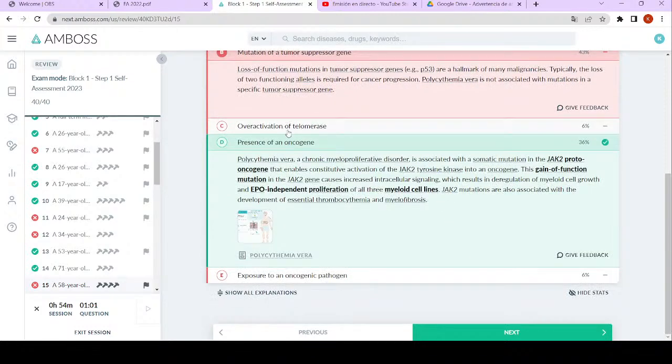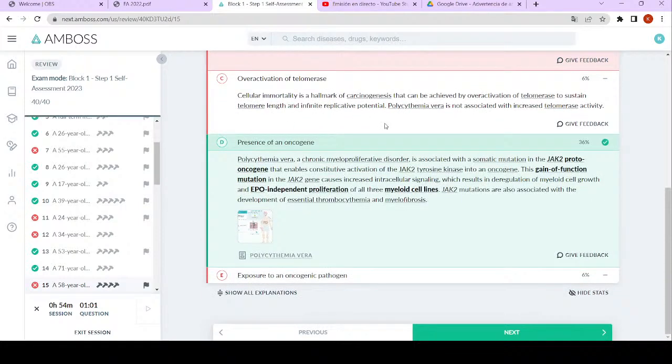So that's cool. Cellular immortality is a hallmark of carcinogenesis that can be overactivation of telomerase to sustain telomere length and infinite replicative potential.